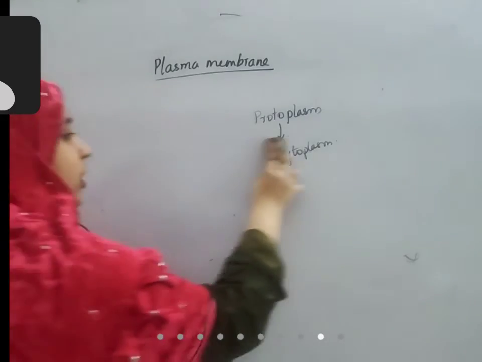Cytoplasm is the location where all the organelles of the cell are present.